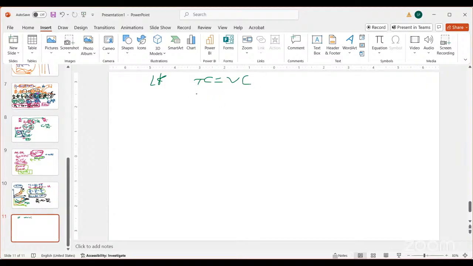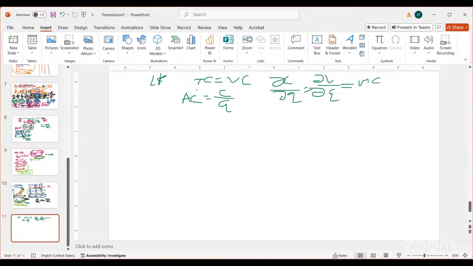So there, to find the average cost, we just take C divided by Q. The marginal cost: differentiate the total cost, which equals variable cost, with respect to Q, and you get the marginal cost.